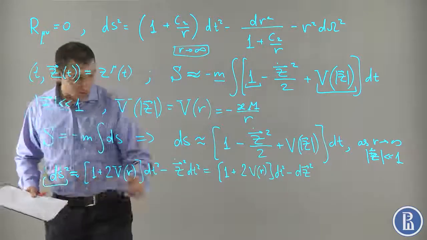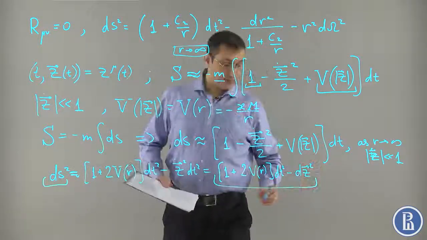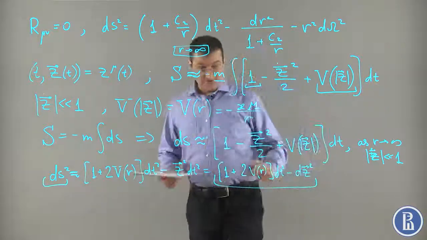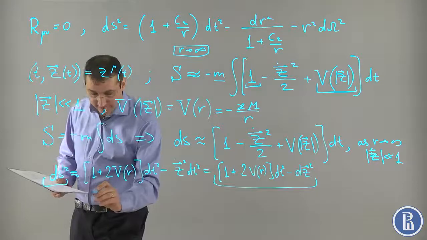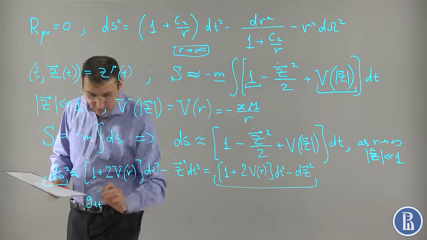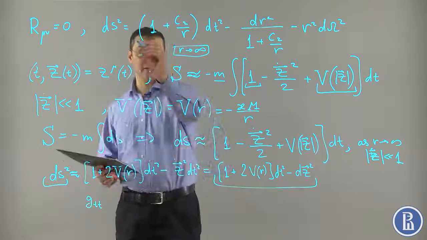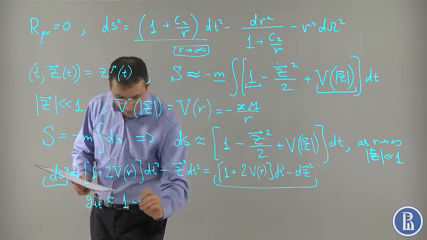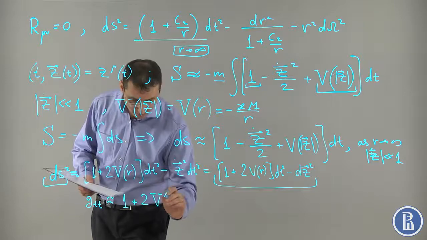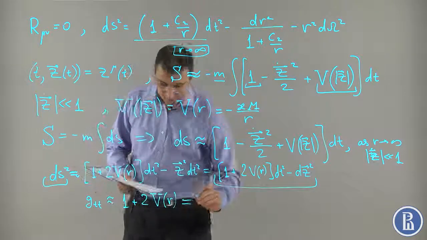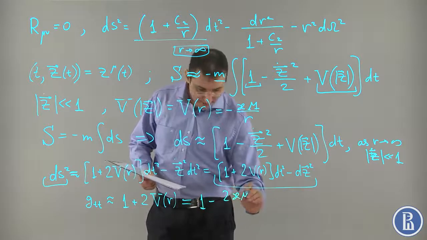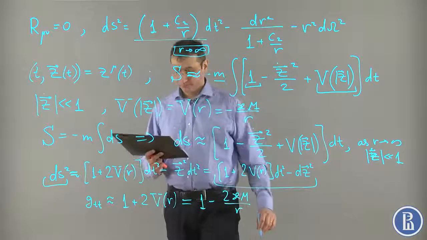So we have the following relation for the metric when we are very far. Then the g_tt component of this metric has to have the following form: 1 plus 2V of r, which is 1 minus 2 kappa m divided by r.